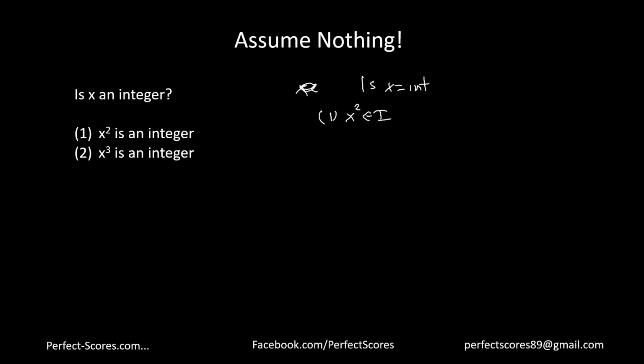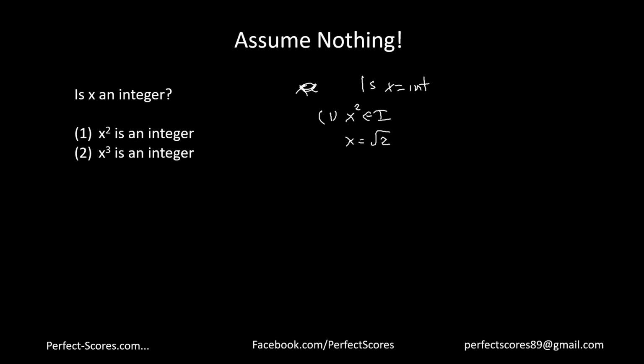Okay, I'm going to ask you this question. Tell me, if x squared is an integer, do you really think x is going to be an integer? Just give me your answer, yes or no. No, right? Because what if x is equal to square root 2?